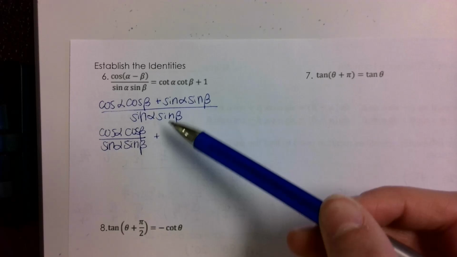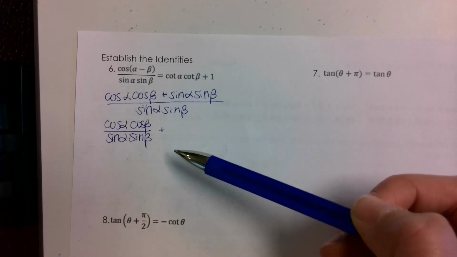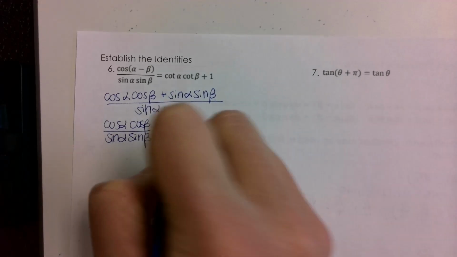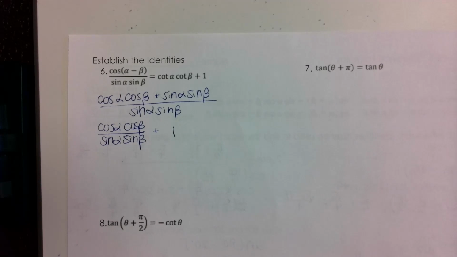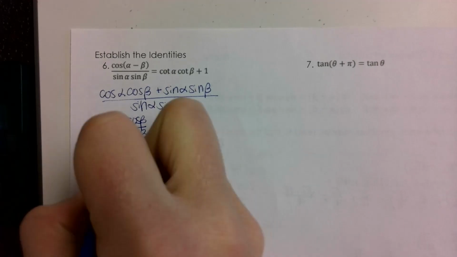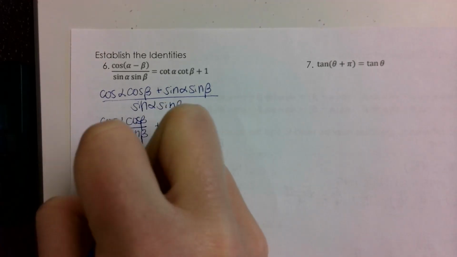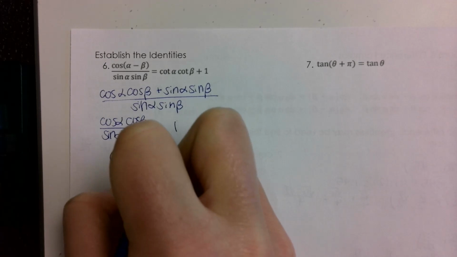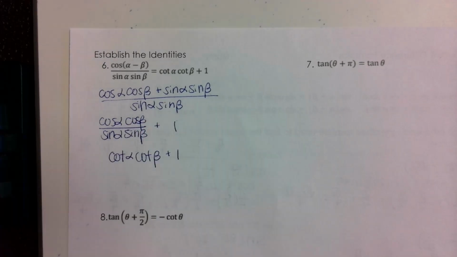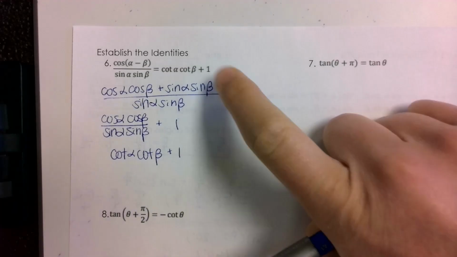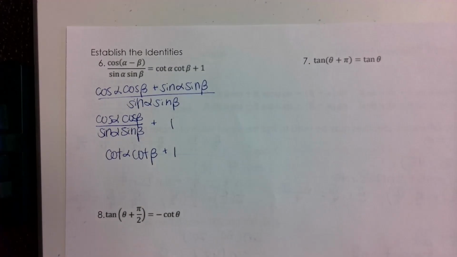What's that going to be? 1. And what is cosine over sine? Cotangent. So we could write this as cotangent alpha, cotangent beta plus 1. And that was our right-hand side up here that we're trying to prove, so we're good to go. Questions on that?